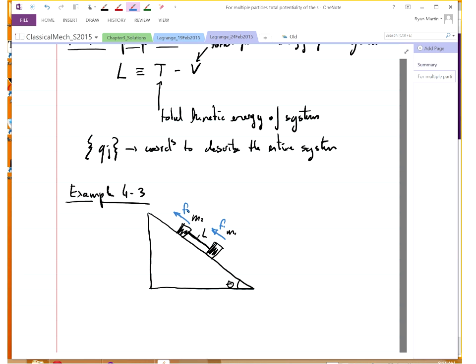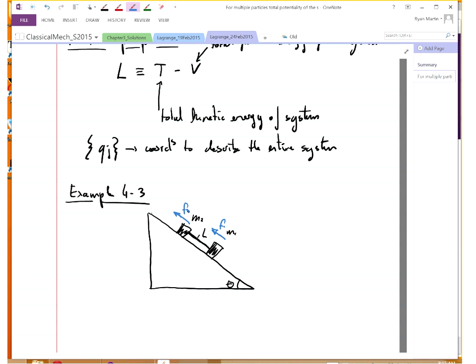So we want to use the Lagrangian to find the equations of motion for the system. You know from Newton's second law that, since the masses are connected by a rigid rod, you could pretend that this is a single object of mass m1 plus m2 with a total force f1 plus f2 going upwards, and then gravity (m1 plus m2)g going downwards, and then a normal force, and solve for the equations of motion that way.